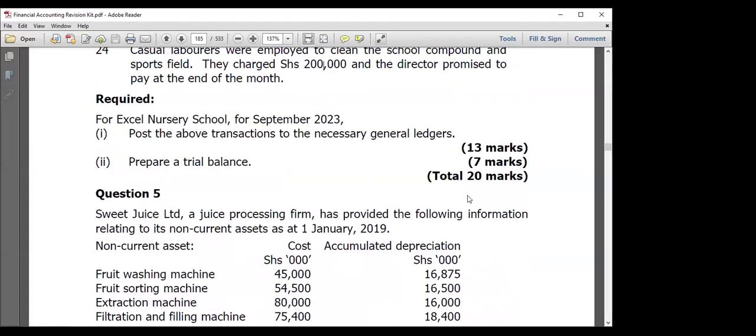Required for Excel Nursery School for September 2023, post the above transaction to the necessary general ledgers, 13 marks. Then prepare the trial balance, 7 marks, 20 marks. That is the question done.